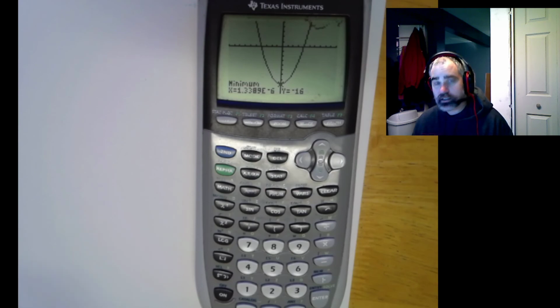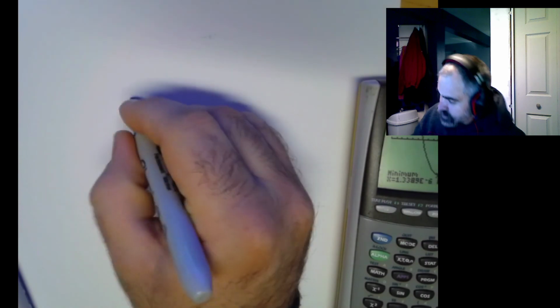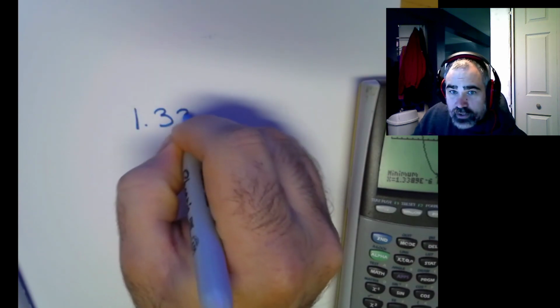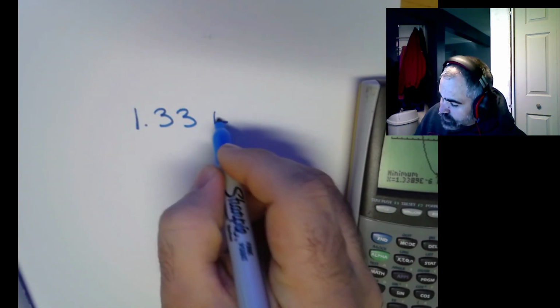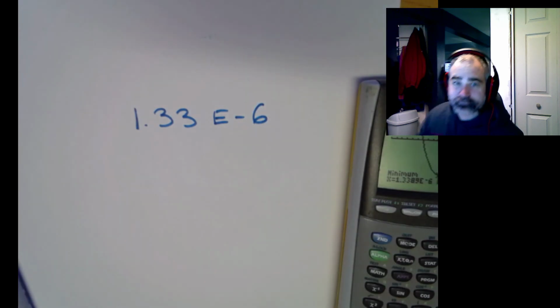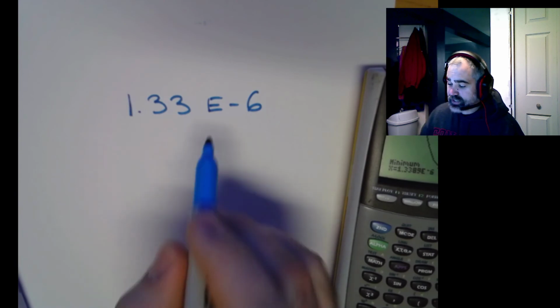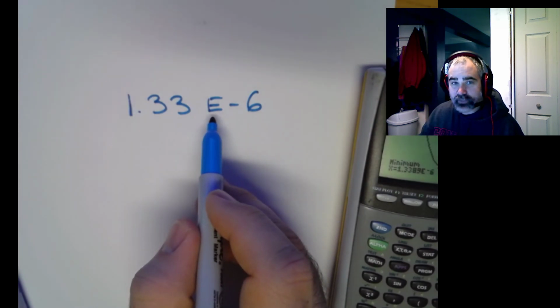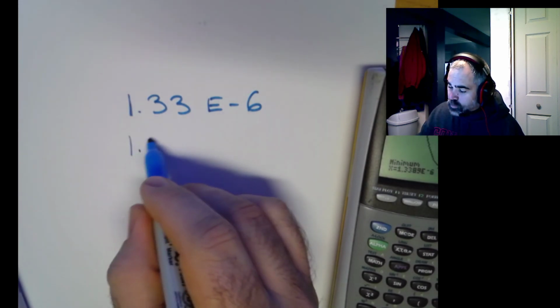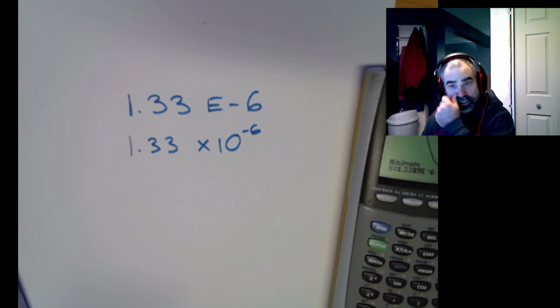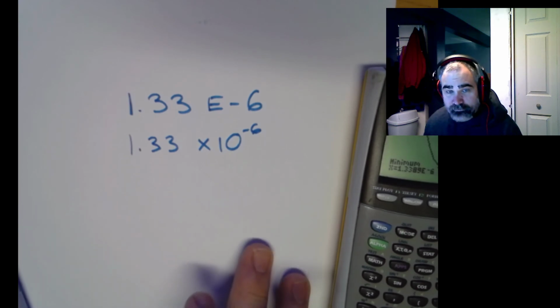The e on your calculator, if you ever see that notation, 1.33 whatever, then you see the letter e negative something. What that means is, this is short for scientific notation. This means 1.33 times 10 to the negative 6th power. If you're familiar with scientific notation, that means that this is a really, really small number.